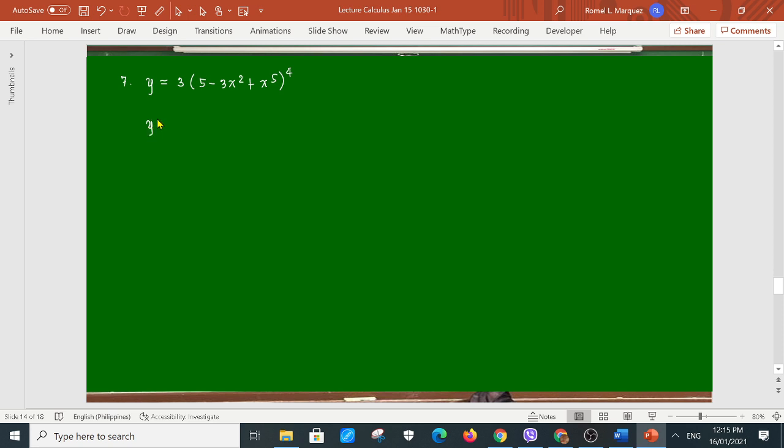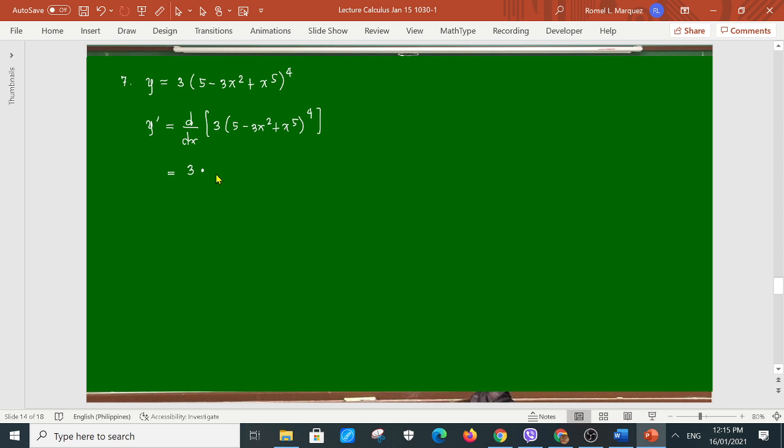So y prime is equal to, derivative with respect to x of the right side, 3 times 5 minus 3x squared plus x to the fifth. But what is the derivative of constant times function? So we can put the 3 out and then get the derivative of this, no?